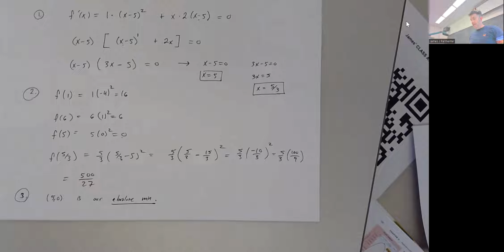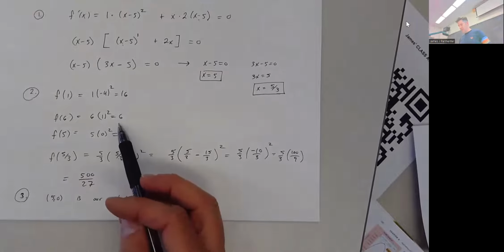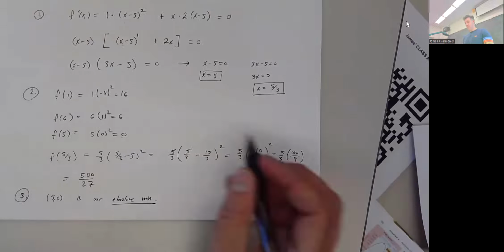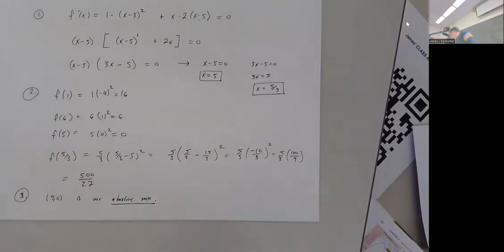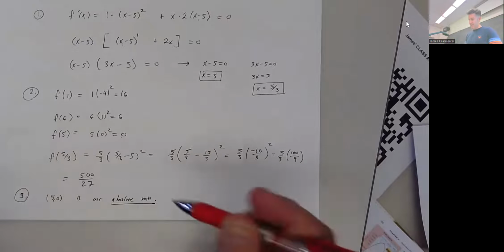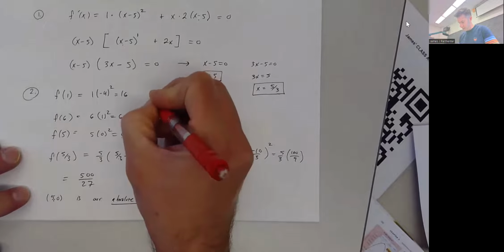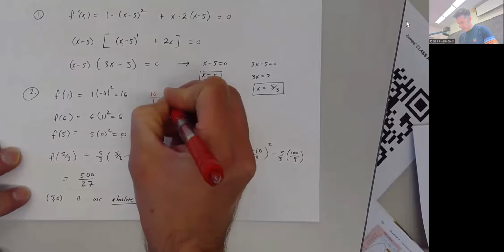All right, which one's the maximum? Well, it's definitely not 6, but is it 16 or is it 500/27ths? I don't know. I guess to figure it out, we'd have to multiply 16 by 27 over 27. What's 16 times 27?